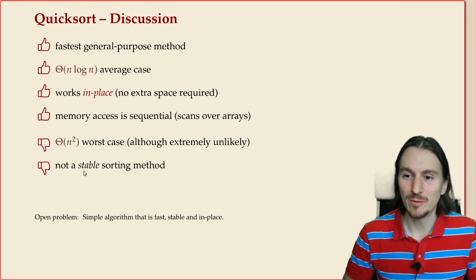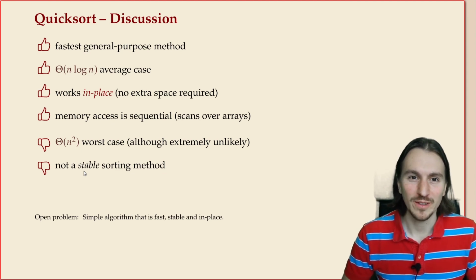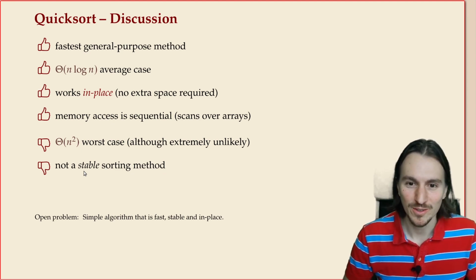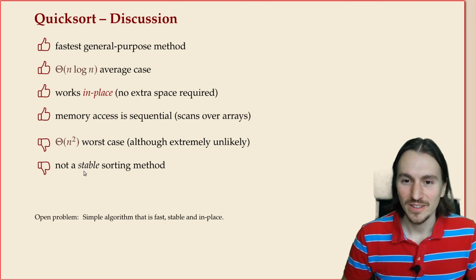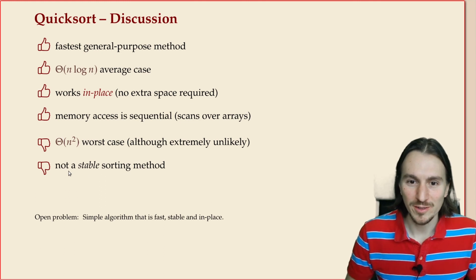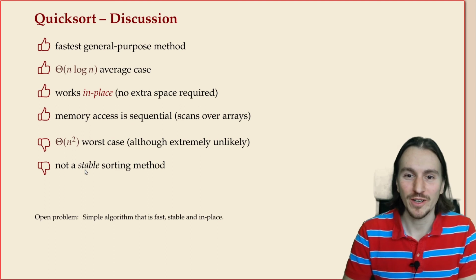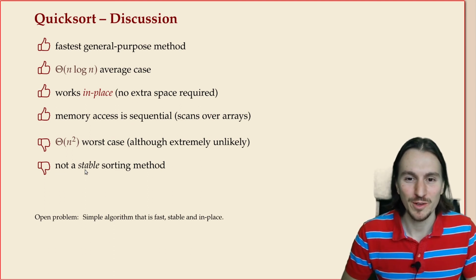It is not a stable sorting method. That is the big downside also for practical applications, for some applications where this is relevant. It's not clear how to fix this and keep the other good properties, whereas merge sort was stable. So the usual choice in practice is, if you need a stable sorting method, go for merge sort.